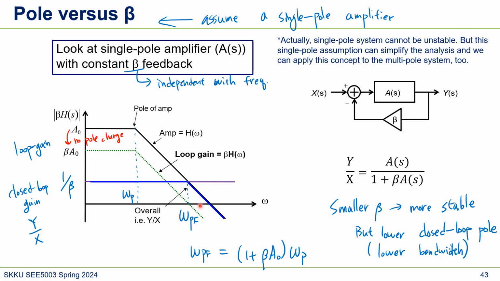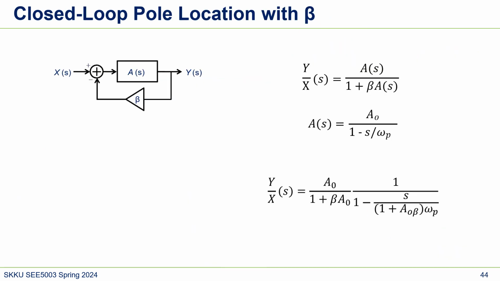Why? Like here, if we have smaller beta, we have a smaller closed loop pole, because this is the 3 dB bandwidth. So there's a trade-off.